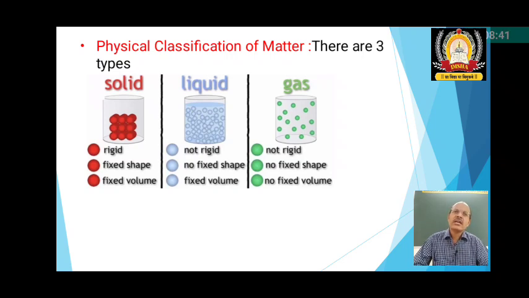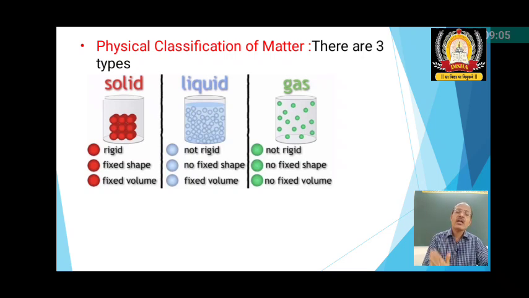Another point, in a broader sense, a solid is one whose melting and boiling points are above the room temperature. When we call something a solid, that substance has a melting as well as a boiling point above the room temperature. This is the general view.